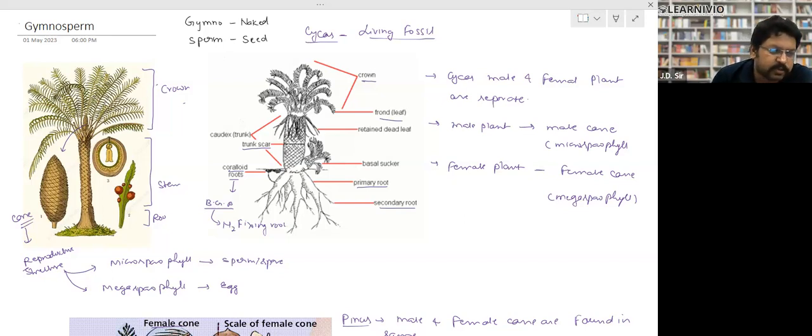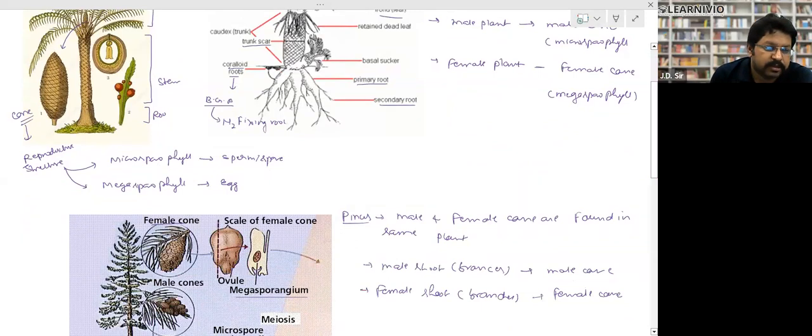They have reproductive structures. In place of sporangia and sporophylls, here they have cones. You can easily see these cones in the mountainous region. These cones have two types of leaves: the microsporophyll and megasporophyll.